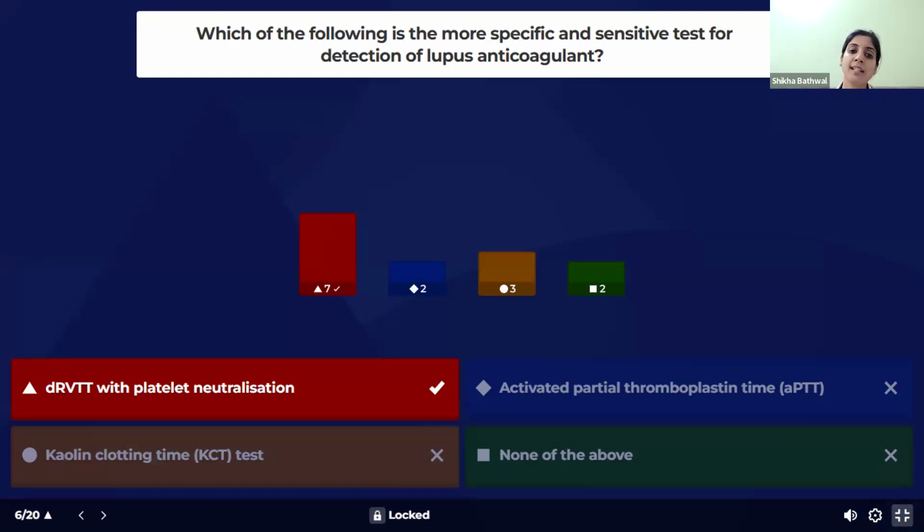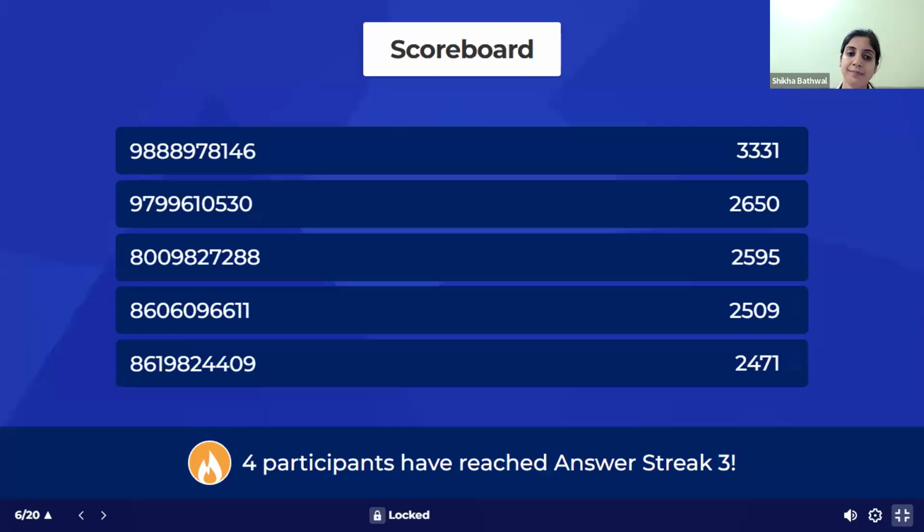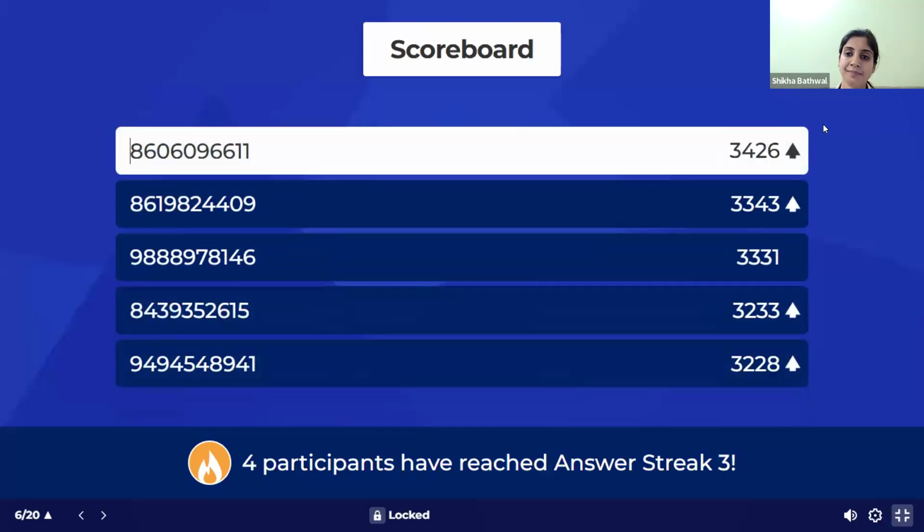This has been mentioned by the Green-top guidelines also, that this is the more specific and sensitive test. Scoreboard, please. Okay. So 4 participants have reached the answer streak of 3. Everybody, well done. Let's continue.